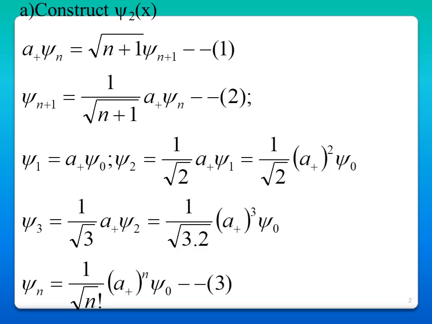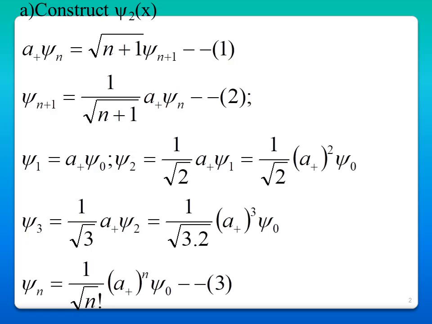So here it is taken for the harmonic oscillator, and A plus is a ladder operator. A plus acting on the wave function psi n gives square root of n plus 1 psi n plus 1. So from this, psi n plus 1 is 1 by square root of n plus 1, A plus acting on psi n.